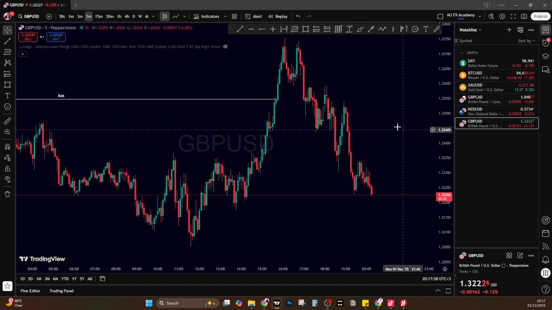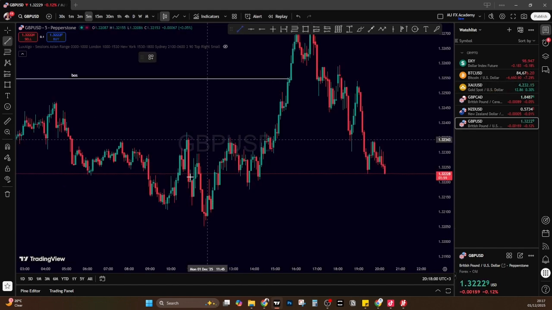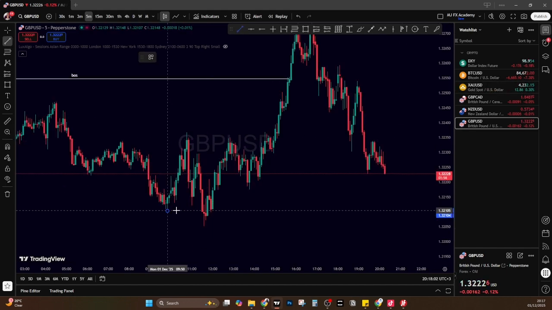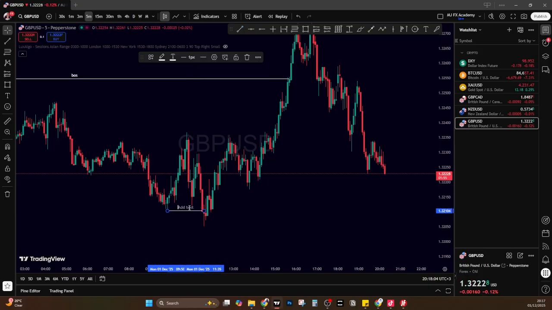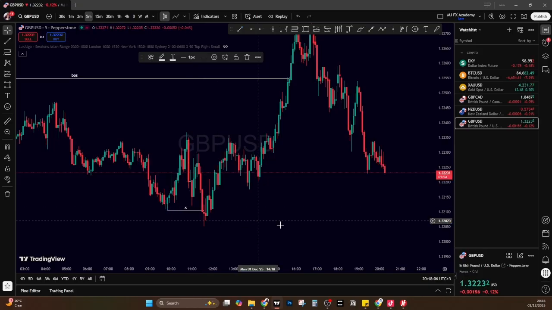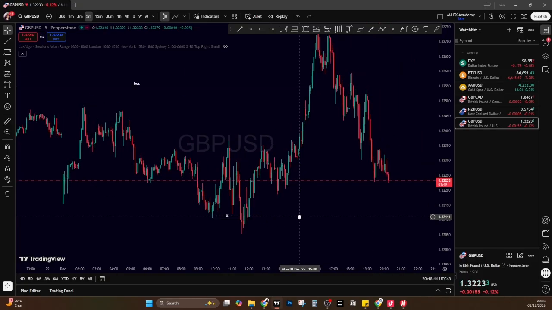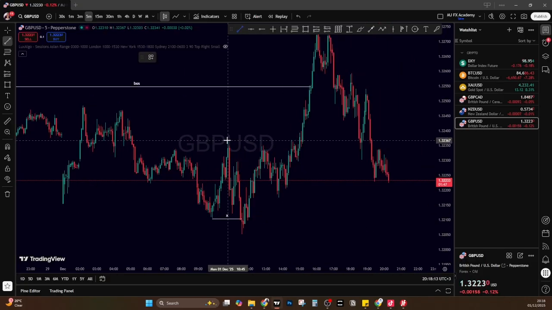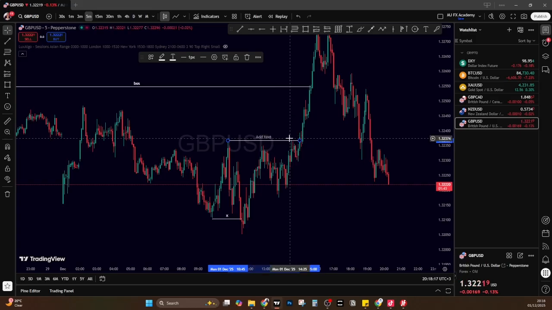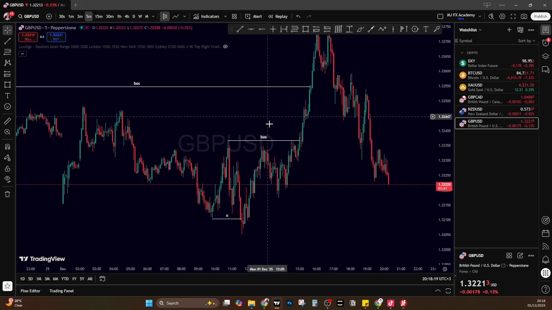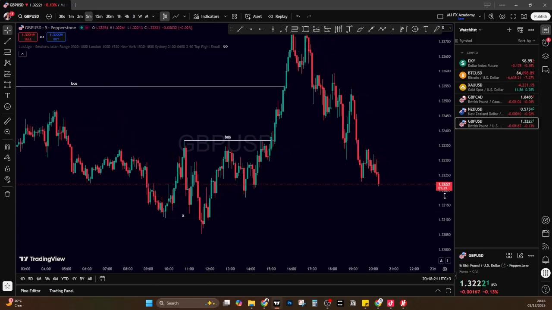So I want you to look at this. The market broke this structure here, or took liquidity here. The market took this previous low here and broke structure here. There was a BOS. Now I want you to look at something.